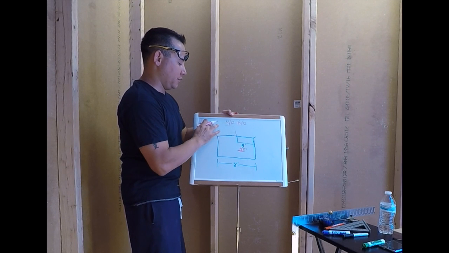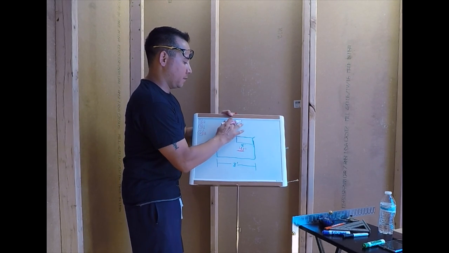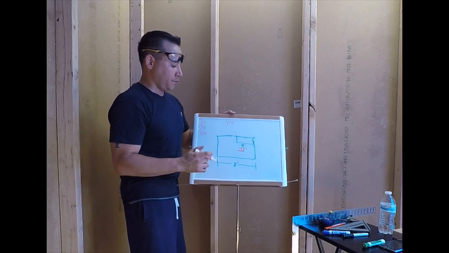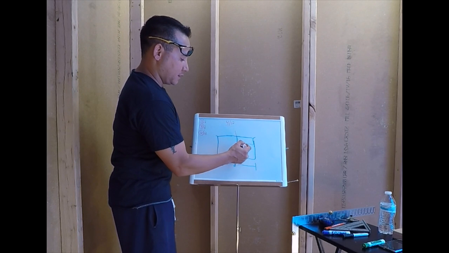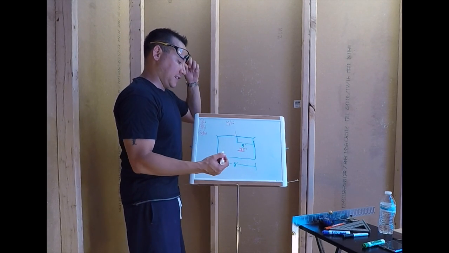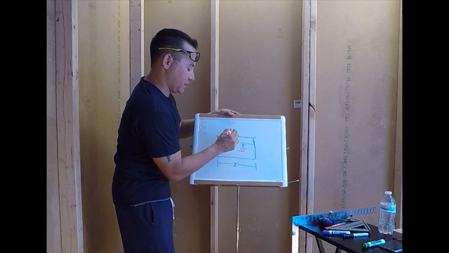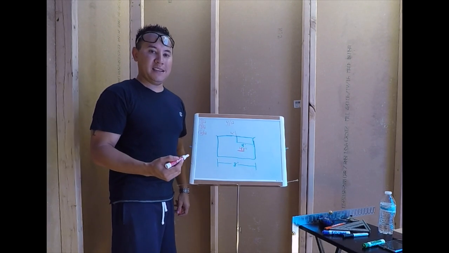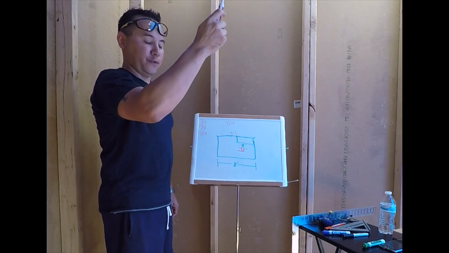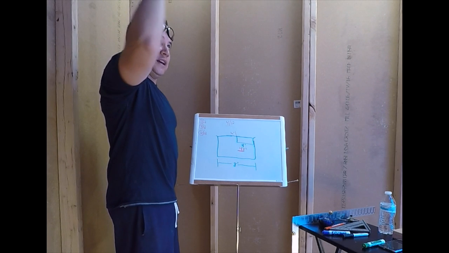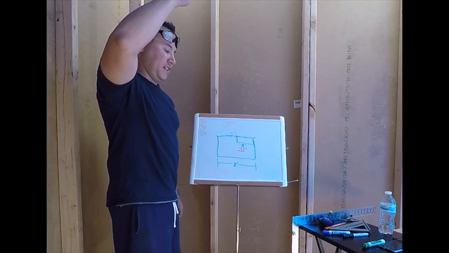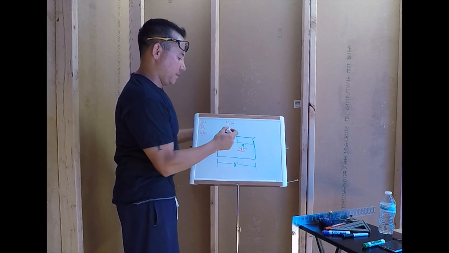So let's erase all these other ones. Okay. 4 times 4 is 16. 16 inches. That's going to be the rise of the middle of your roof, right where the ridge board is going to be at. The top of that ridge board is going to be at 16 inches.